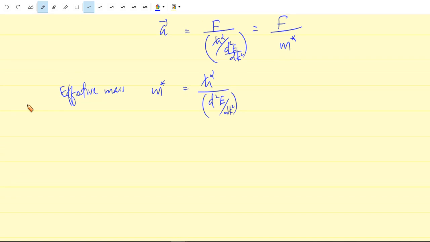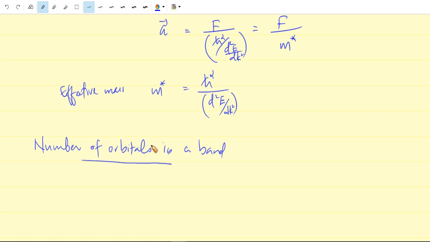Now let us see the number of orbitals in a band. We know that the energy of electrons in a periodic potential is seen as energy bands separated by band gaps.